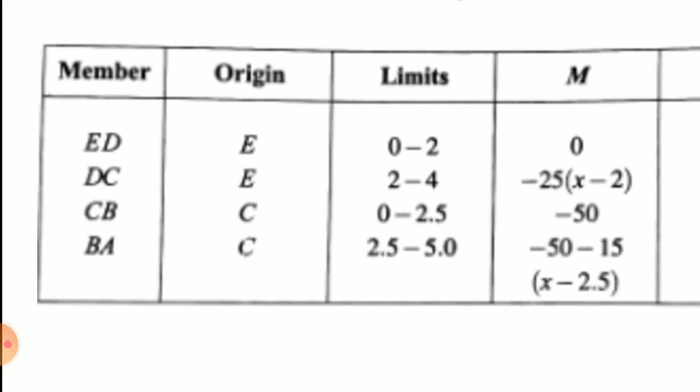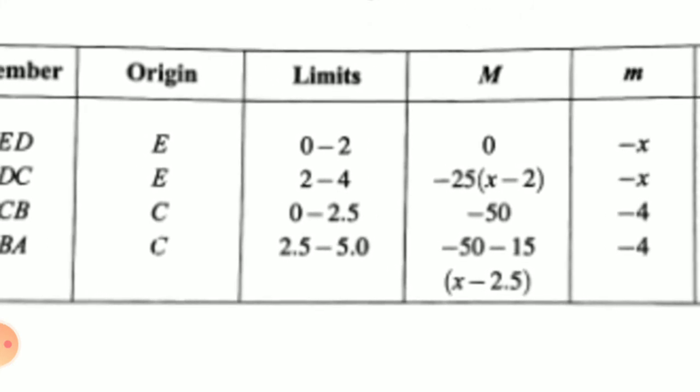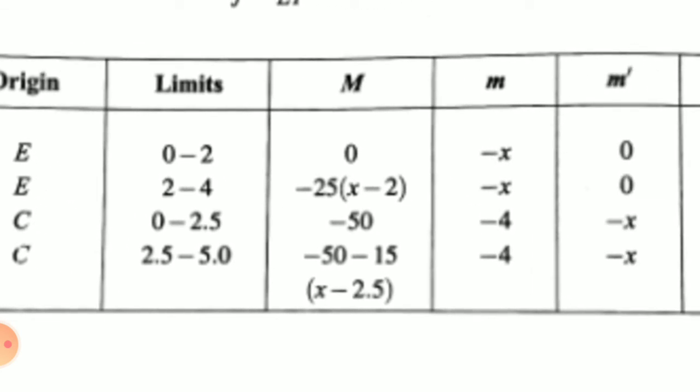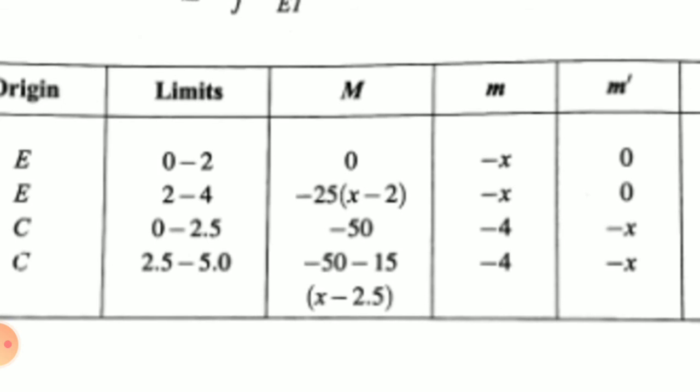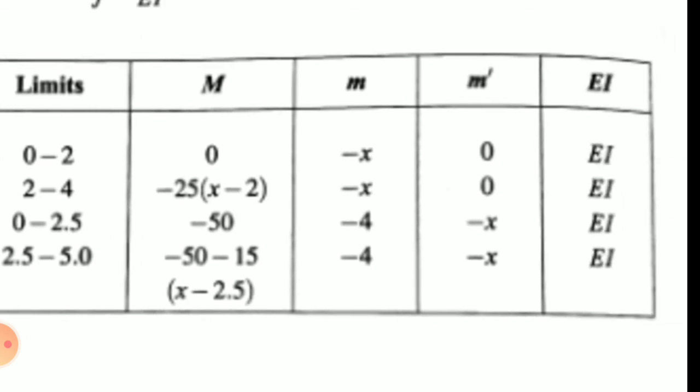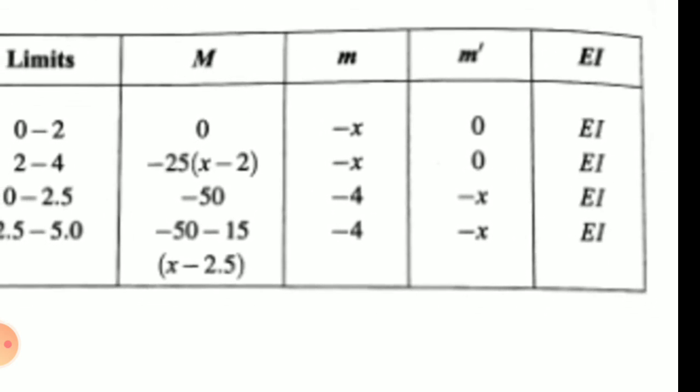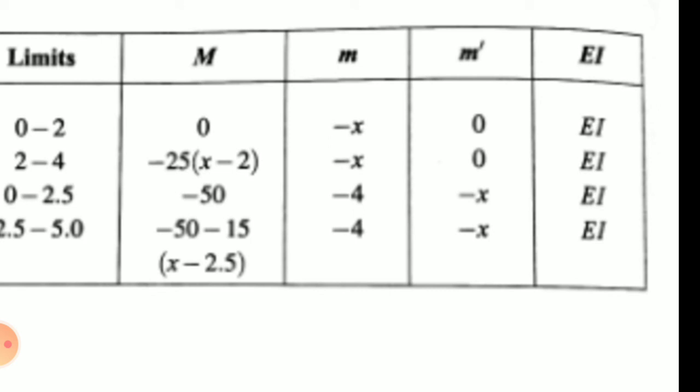Similarly, in the portion BA, the origin is again C, so limits are from 2.5 meter to 5 meter. Moment due to applied load is minus of 50 minus of 15 into x minus 2.5, and moment due to unit vertical load is minus 4. Moment due to horizontal load is minus x.